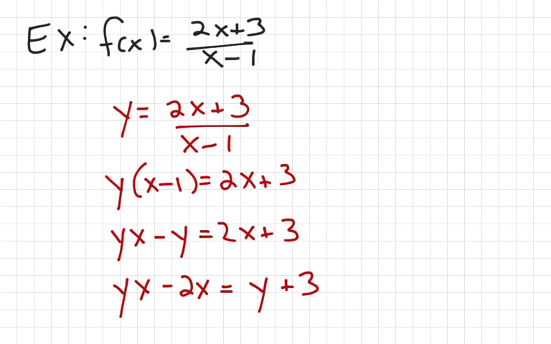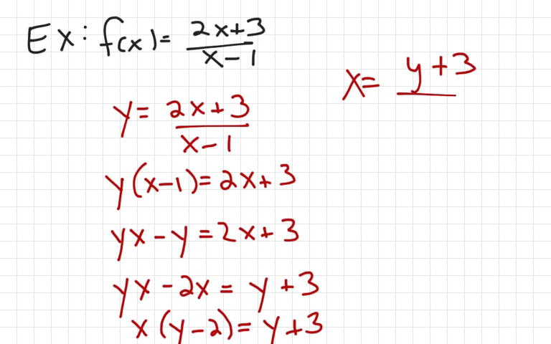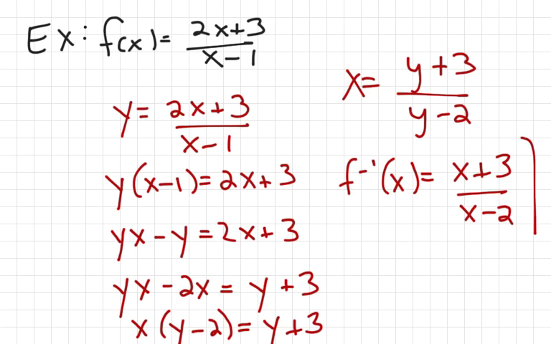Now the reason I did that is because now I can factor x out of the left-hand side. And notice that now I only have one x in the problem. And now all I have to do is divide the other side by y minus 2. Now I solve for x. And the last step is to interchange x and y, and then that is the equation of the inverse.